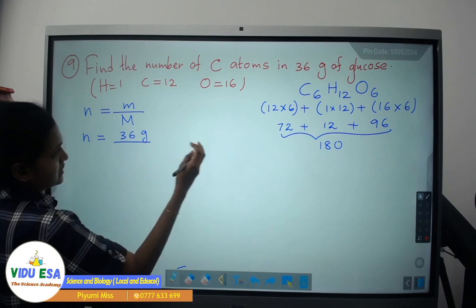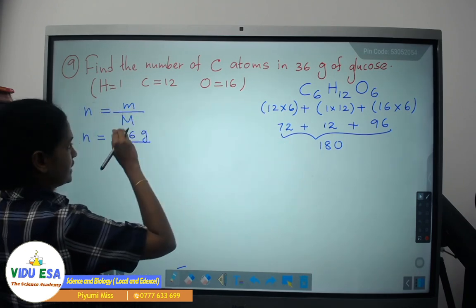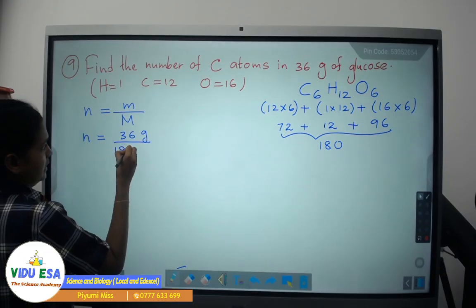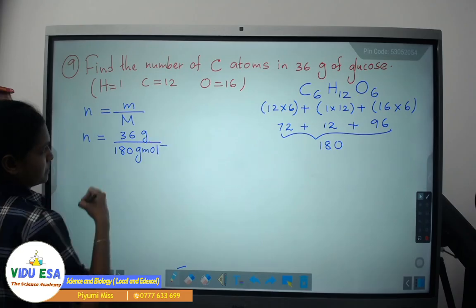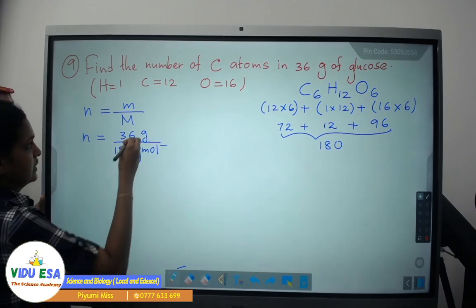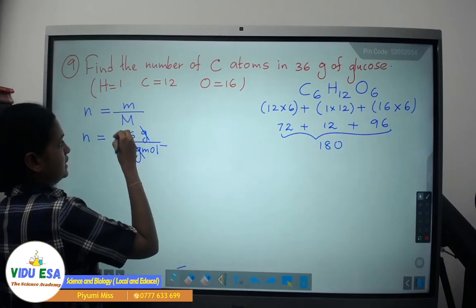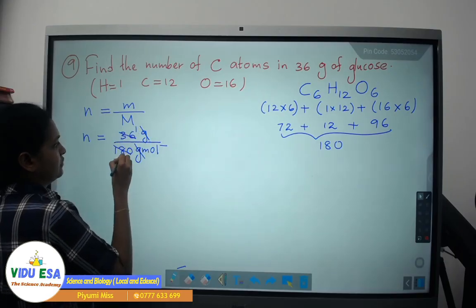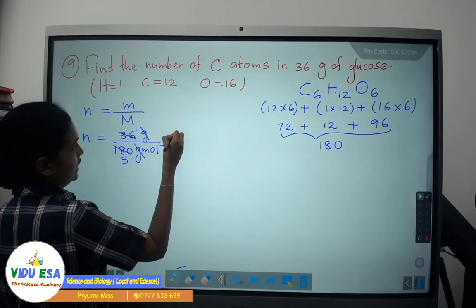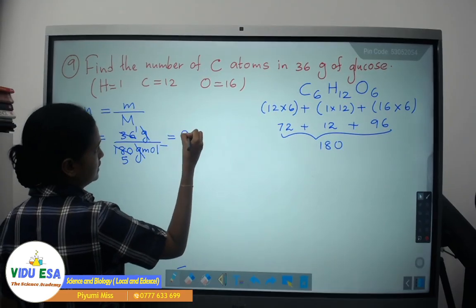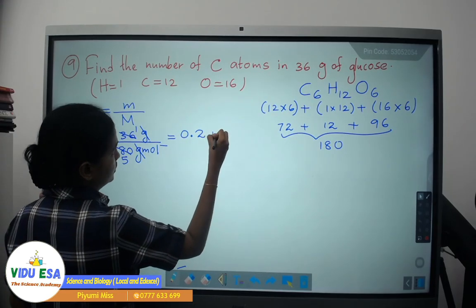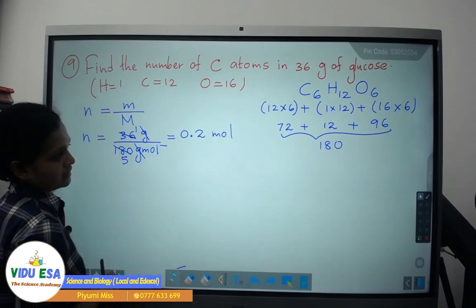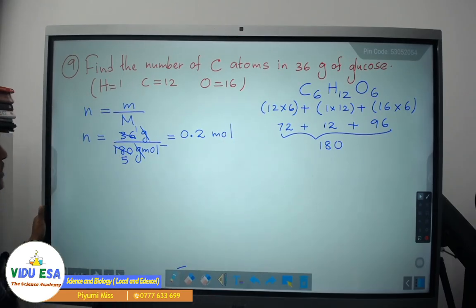The molar mass is the relative molecular mass taken in grams, 180 grams per mole. So, 36 into 1 over 5, 1 over 5 is 0.2. Here 0.2 moles of glucose.